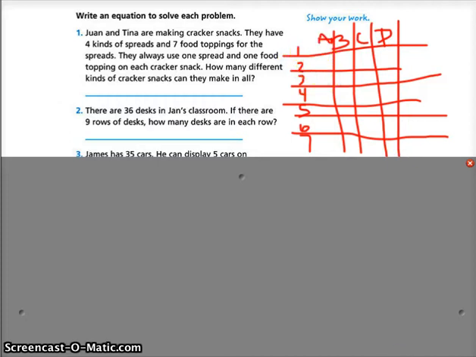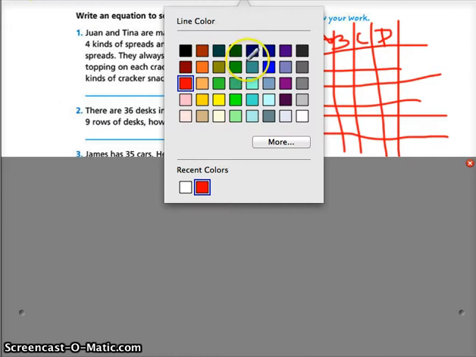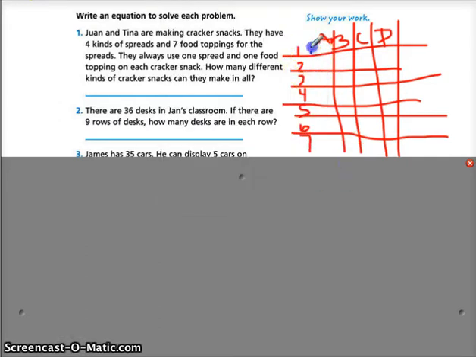So in this box we would have A1, B1, C1, and D1. Then we'd have A2, and so on. We'd completely fill in the rest of the graph.